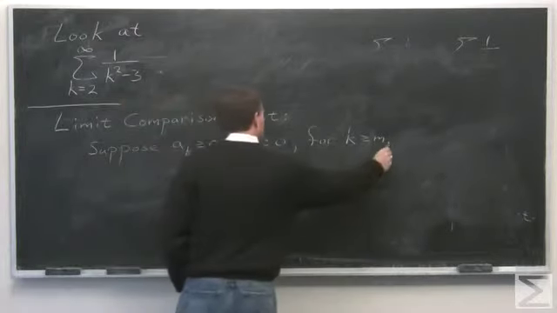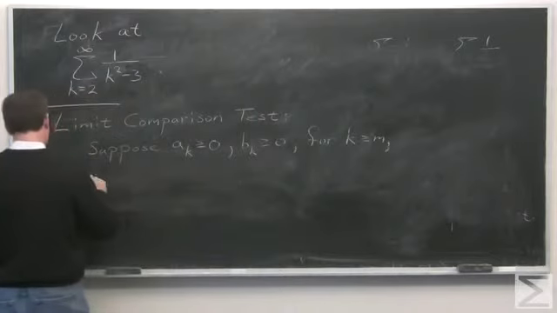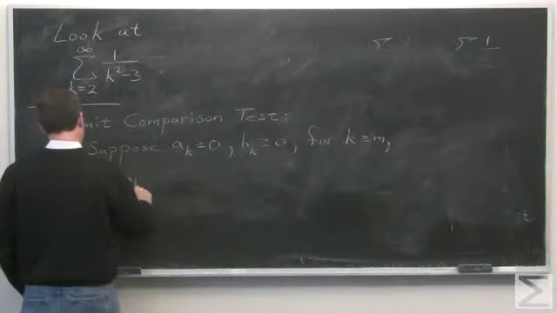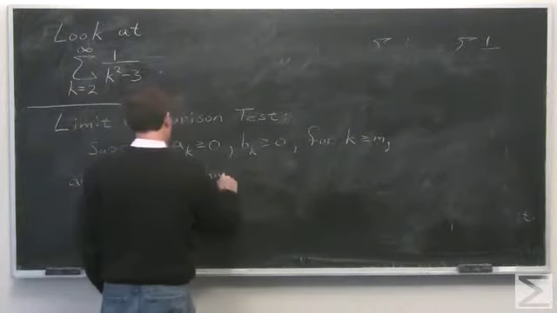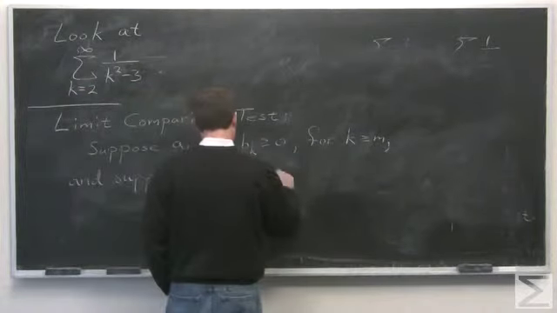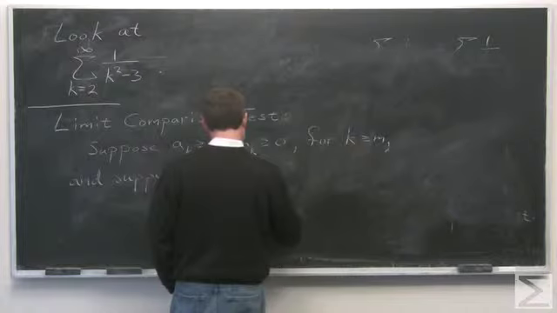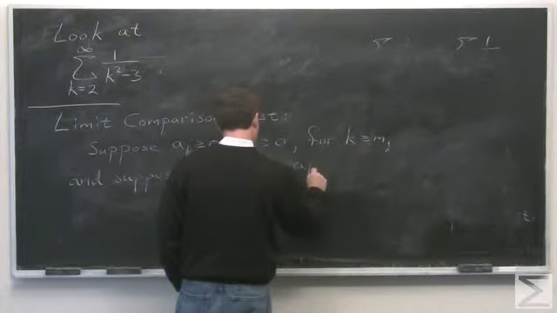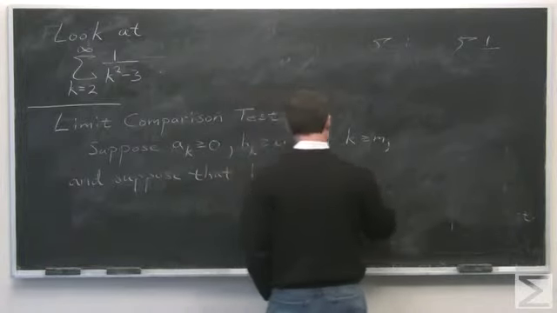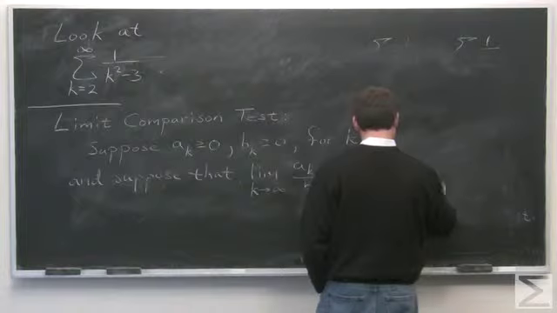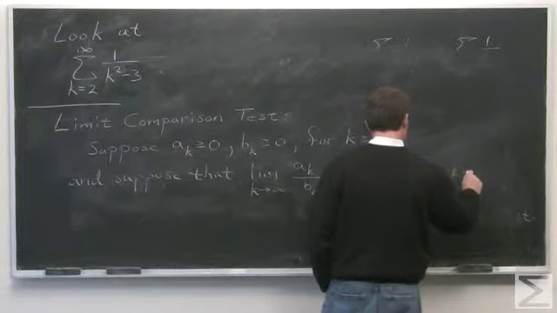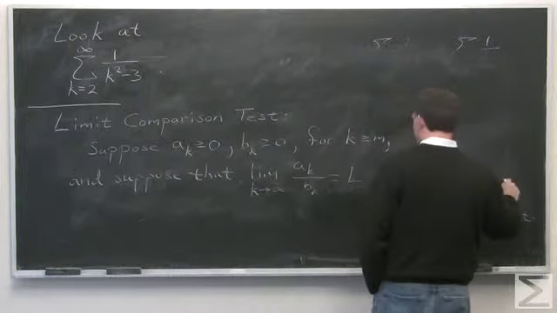And suppose that the limit as K approaches infinity of AK over BK equals L, and L is unequal to 0 or infinity.